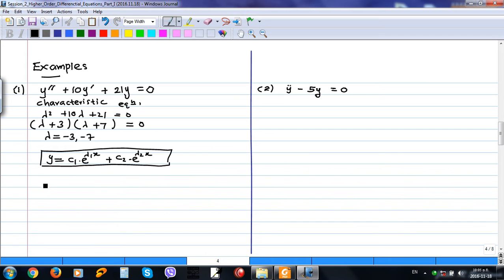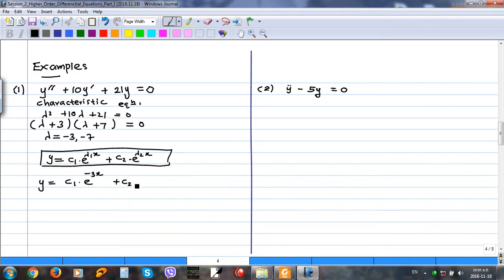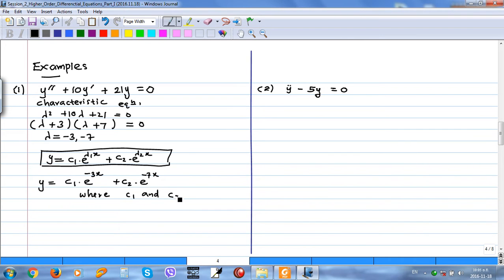Here the general solution is y equals c1 times e to the power minus 3x plus c2 times e to the power minus 7x, where c1 and c2 are arbitrary constants.